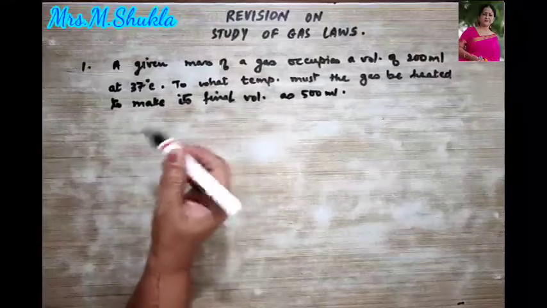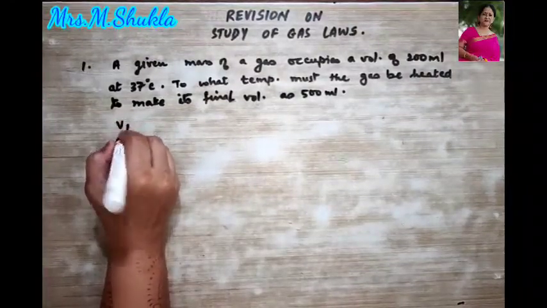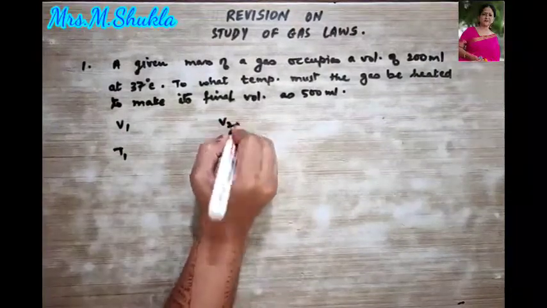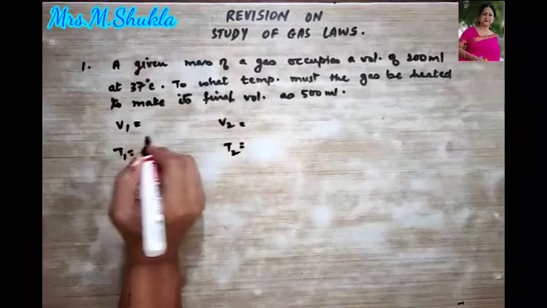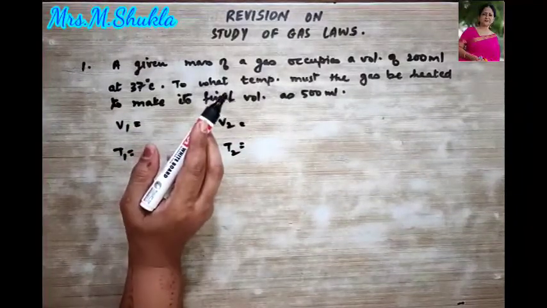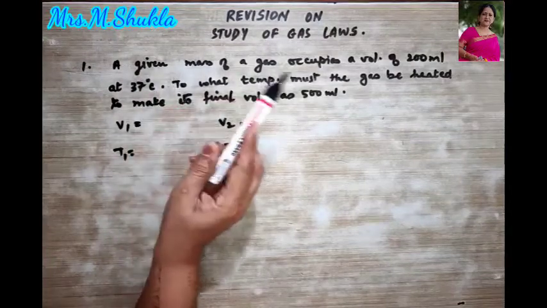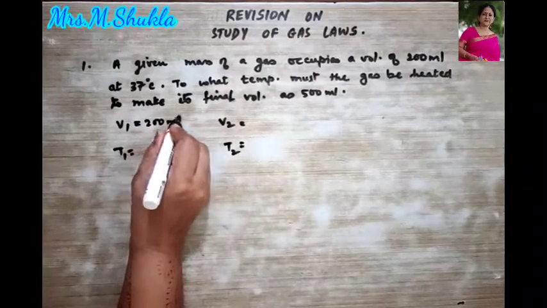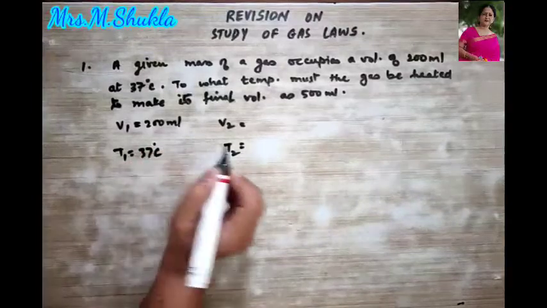So what all is given in the question? If you see, it is giving you V1, it is giving you T1, it is giving you V2, and it is giving you T2. So let's write down all these values. Volume V1 is given as 200 ml at 37 degrees Celsius.